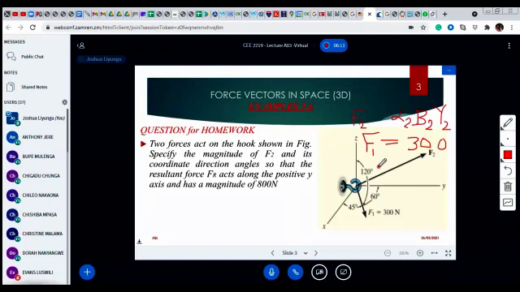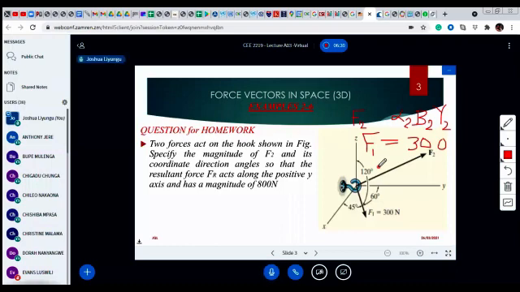Now, the F1, the 300, is not in Cartesian notation. So you can as well represent F1 in Cartesian notation.